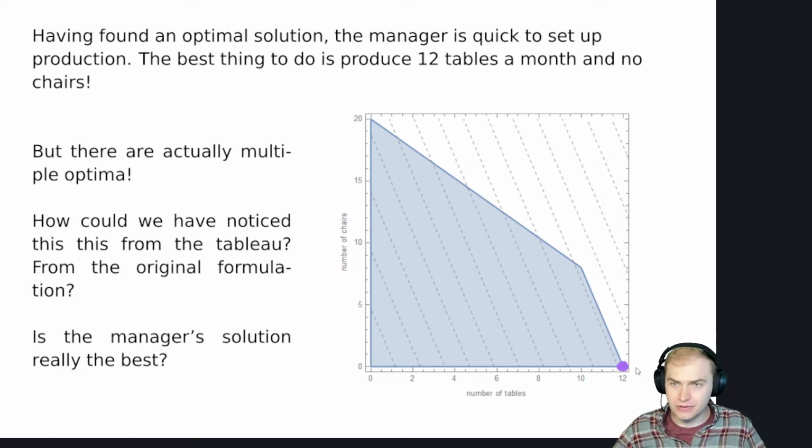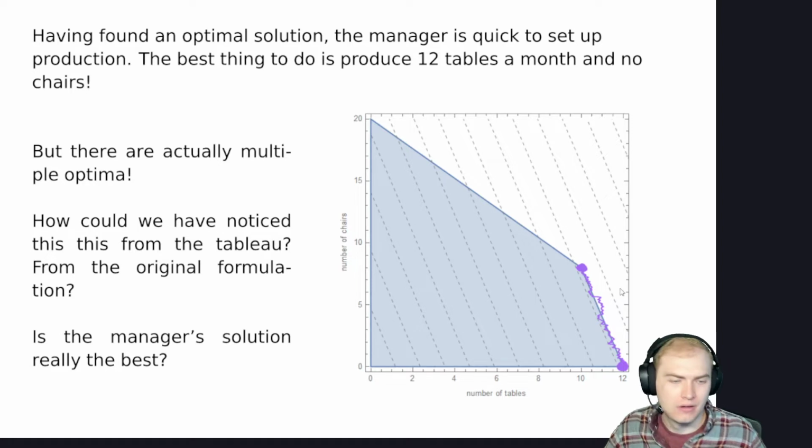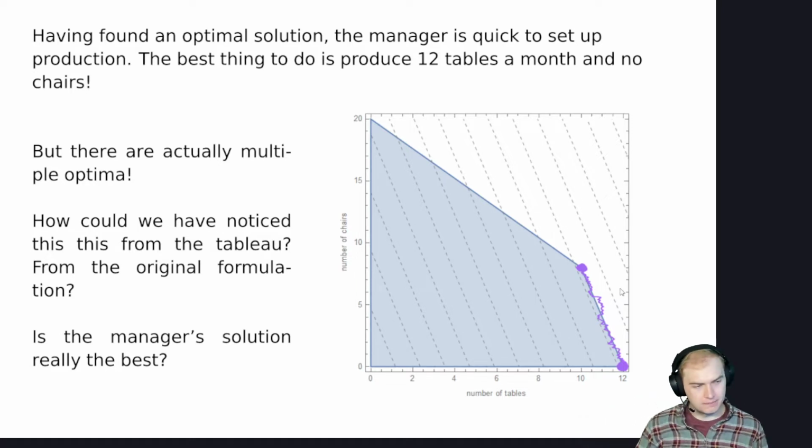But if we look carefully, I've drawn in the level sets of the objective function in the dashed lines there. We can see graphically that this has multiple optimal solutions. That whole facet is optimal. It has the same objective function value.